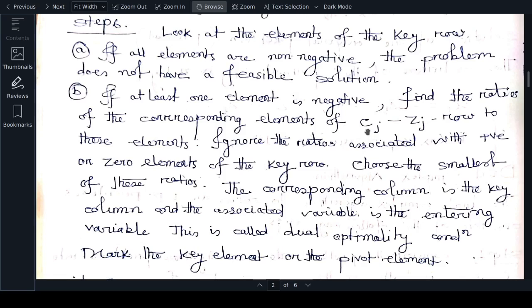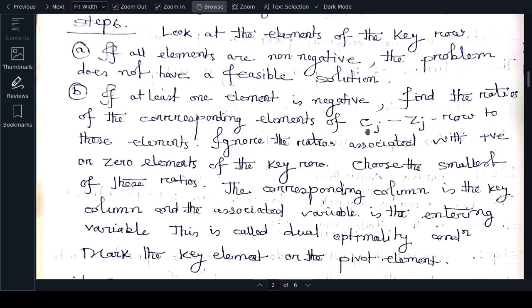Next, if at least one element is negative, find the ratio of the corresponding element of Cj minus Zj, meaning the delta J row, to these elements. Ignore the ratios associated with positive or zero elements of the key row.